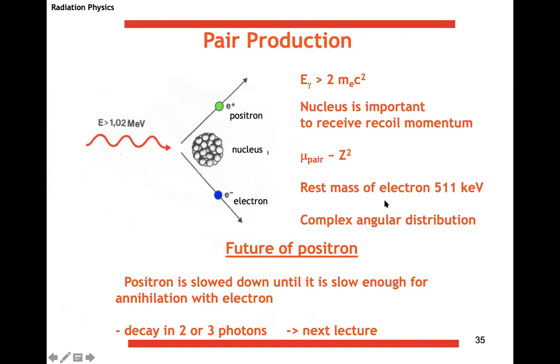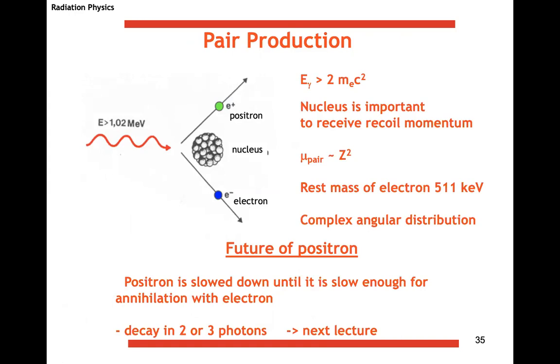Pair production, as I said, is interesting. This is a case when a photon, in the presence of the nucleus, disappears. The presence of the nucleus is very important for the conservation of the momentum. The nucleus must receive recoil momentum.